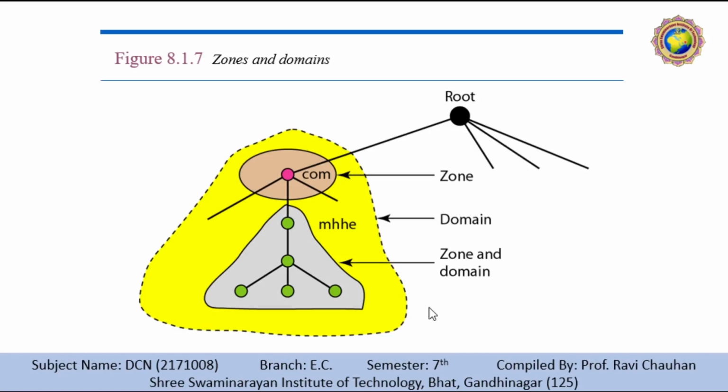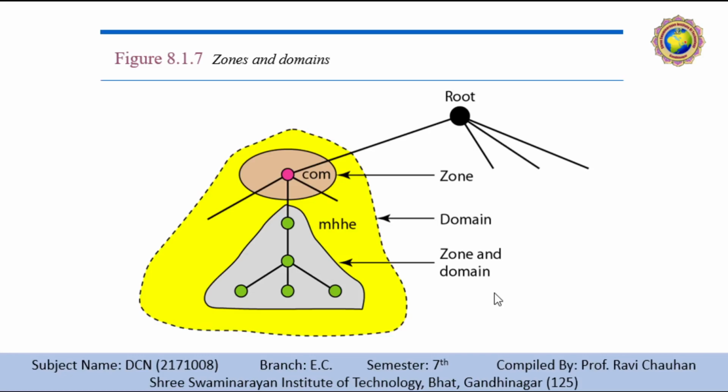Primary and secondary servers. DNS defines two types of servers, primary and secondary. A primary server is a server that stores a file about the zone for which it is an authority. It is responsible for creating, maintaining, and updating the zone file. It stores the zone file on the local disk.